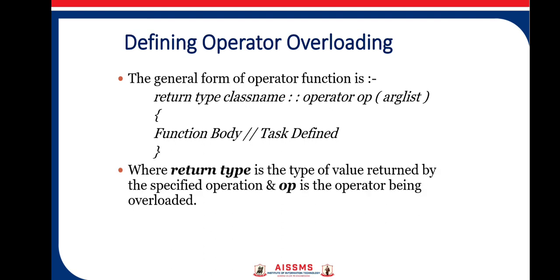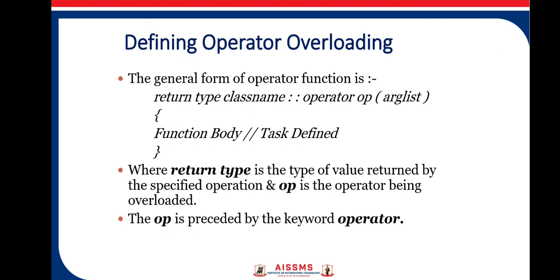The return type is the type of value returned by the specified operation, and OP is the operator which we want to overload. The OP is preceded by the keyword operator. So operator is a keyword, OP is the actual operator which we want to overload, and return type is the value which that operator is going to return.